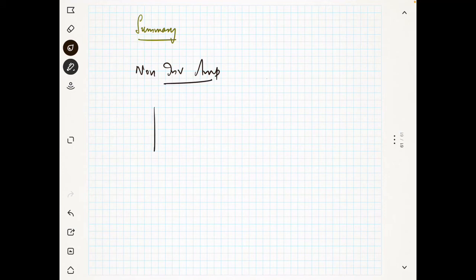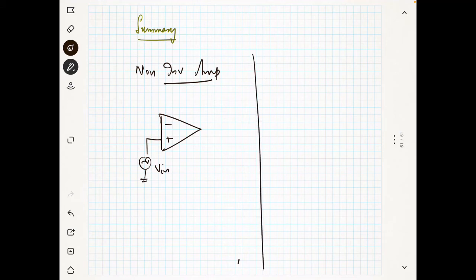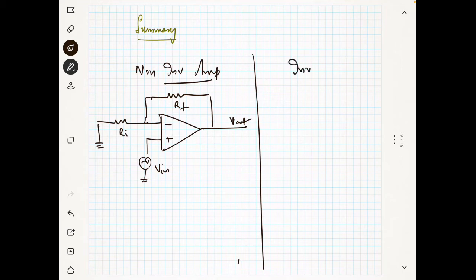You see, this is minus, plus, and this is my V in, and this is Rf and this is V out, and this is my Ri, and this is ground. So this is the non-inverting amplifier. Now it's the inverting amplifier.